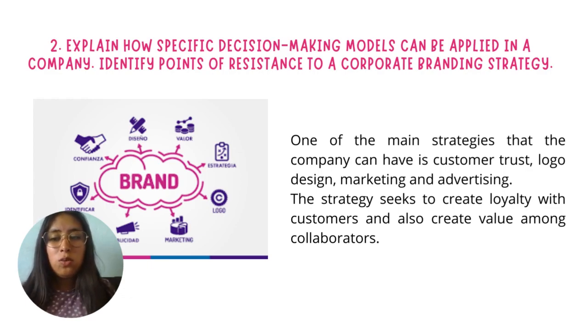The strategy seeks to create loyalty with customers and also create value among collaborators. Brands and logos are powerful symbols for implementing a corporate brand. The power of these symbols lies in the increased attention they have. A good symbol reduces the volume of redundant communication that a company needs to transmit.